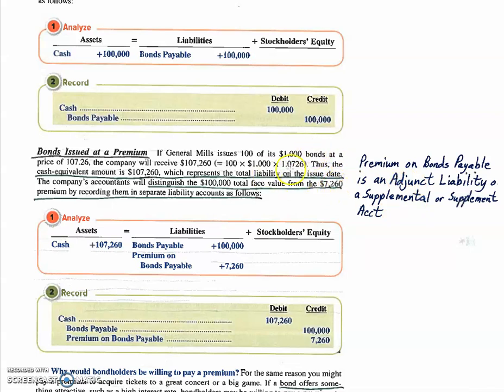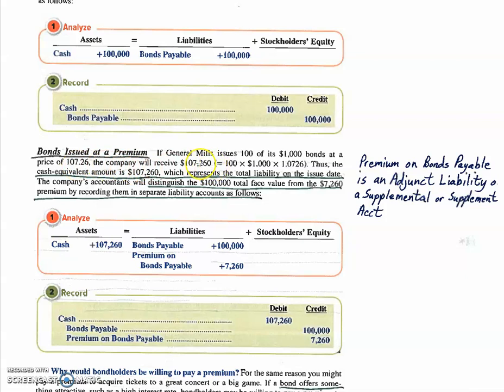But in this case, we issue the bonds for $107,260. So issued at 107.26 is the way it's often mentioned right up here. That means 107.26% of the face value.